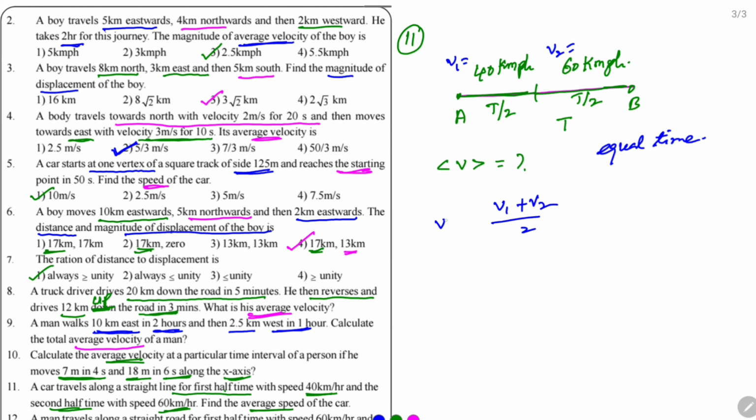We have to use this formula if the body travels for equal time intervals with different speeds. Now substitute the values: 60 plus 40 over 2, which is 100 over 2, which is simply 50 kilometer per hour. So, this is your answer. Hope you got the answer, my dear.